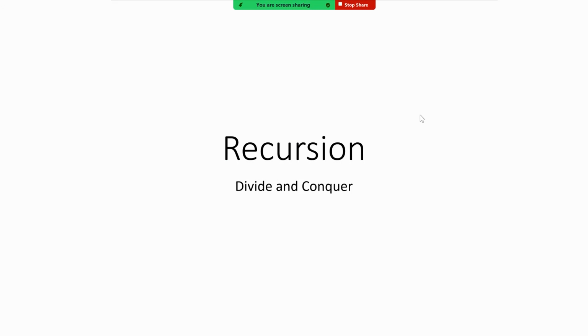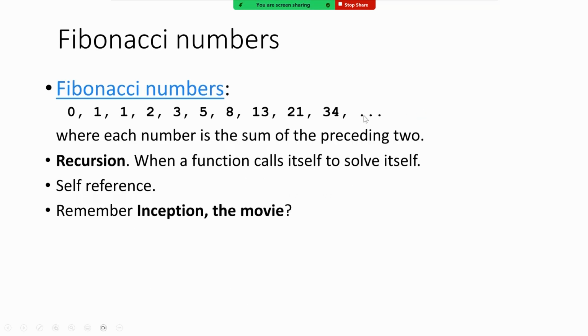So now, what we want to do is look at a couple of examples of recursion. And the first example that we work with is Fibonacci numbers. Fibonacci numbers are a series of numbers that has an interesting property, and that interesting property is that the number is the sum of the previous two numbers.